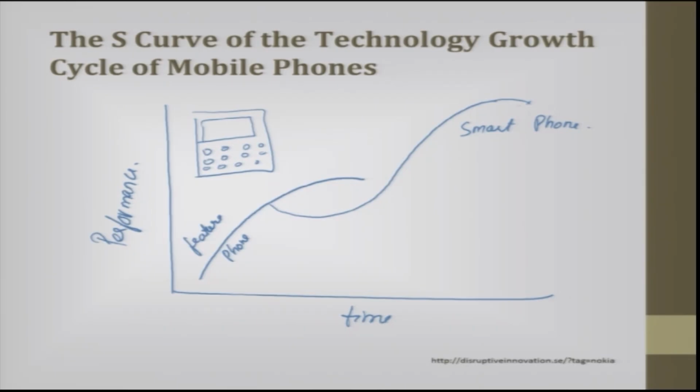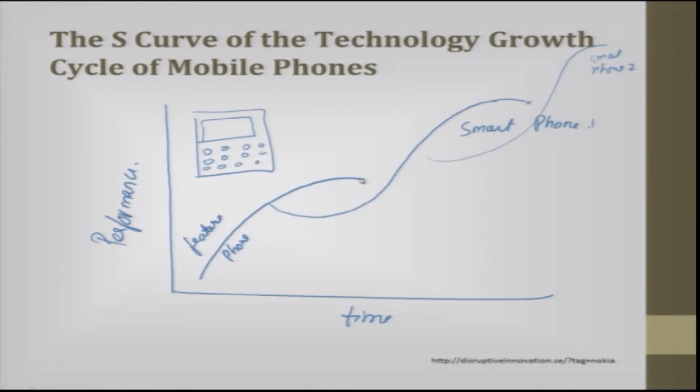So, when smartphone comes here, let us assume this is smartphone 1. Now they come out with a new thing called smartphone 2, maybe a different technology which comes out, smartphone 2, then comes smartphone 3. So, like this you see the S curve of technology in the mobile phone, which keeps going for a long time. So, the feature phone came first, and after the feature phone came the smartphone.